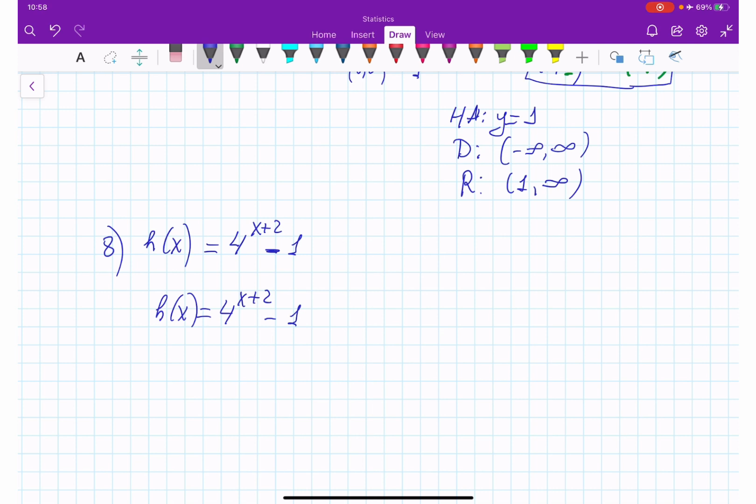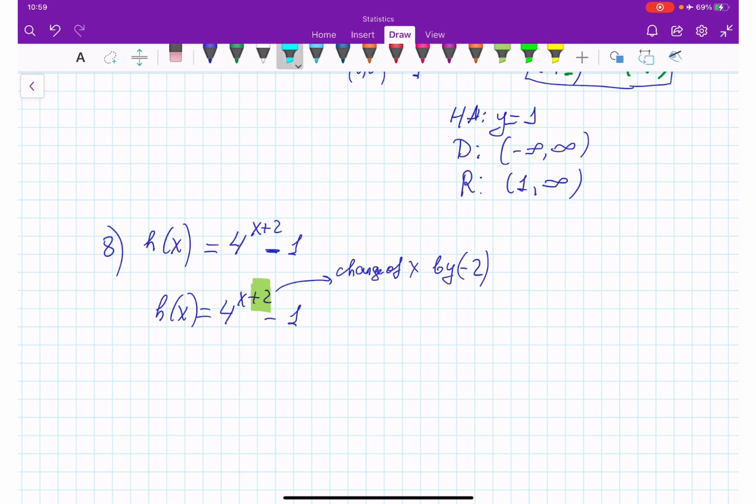The plus 2 is our change of x, right? It changes by negative 2, because it goes in the opposite direction, correct?